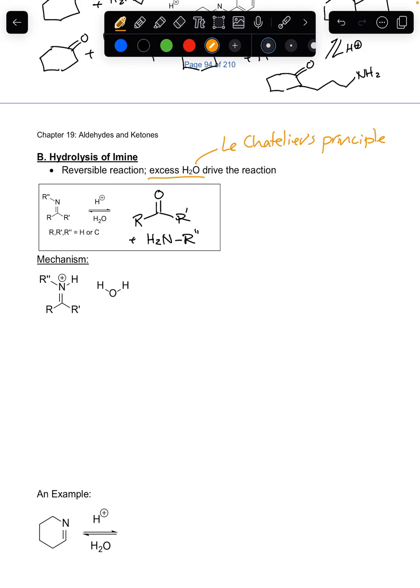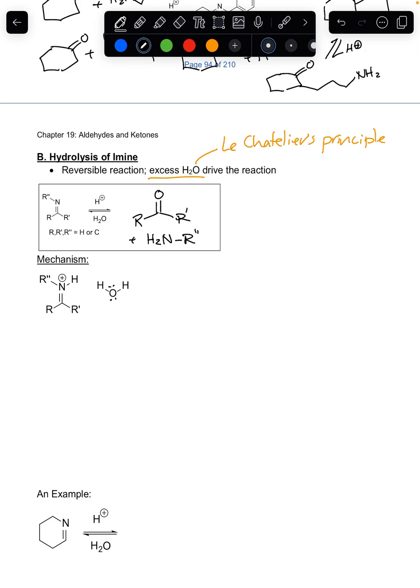So I think you should be able to figure this mechanism out on your own. So pause the video and try it. But also this is the mechanism that's the opposite of imine formation, another reason why you probably want to be able to figure this out on your own. So pause it and see.